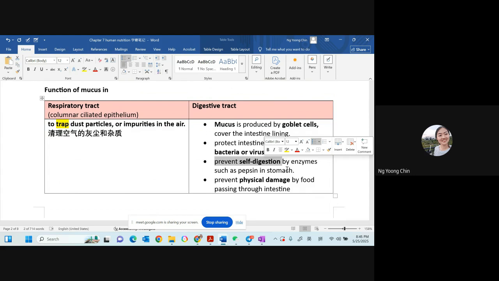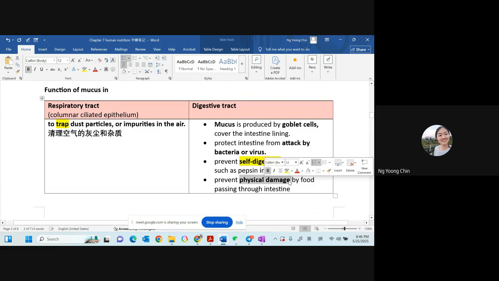That's why your stomach lining needs to be covered with a thick layer of mucus, to prevent the stomach lining from being digested by the highly acidic enzyme. So it prevents self-digestion, and it also helps to prevent physical damage by the food passing through the intestine. Those are the purposes of the mucus.